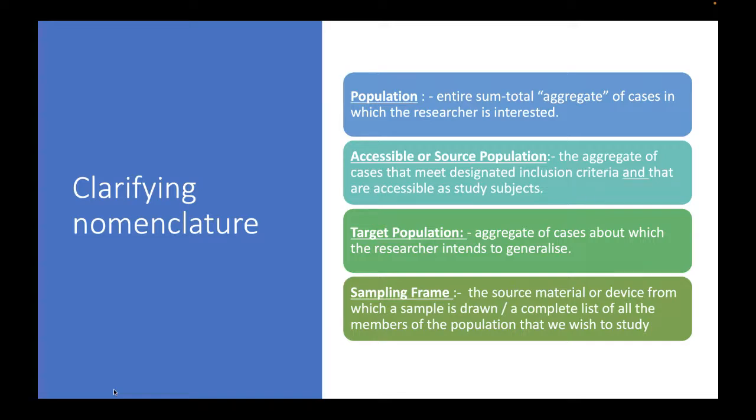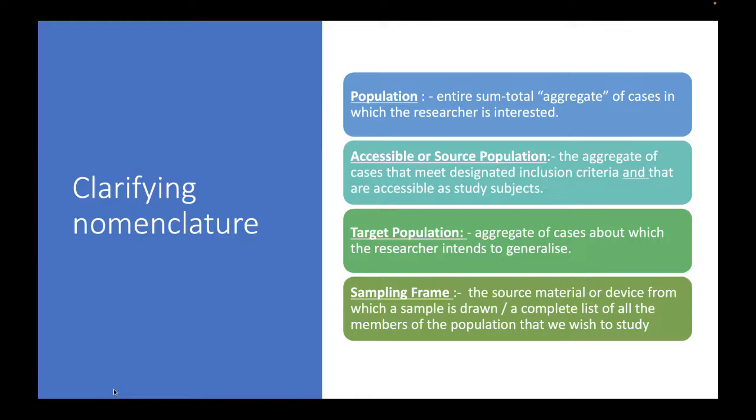Now, so we know population, we know accessible or source population, we know target population, we know sampling frame. These are terms that become particularly important when you're writing your proposal, your dissertation, your thesis.